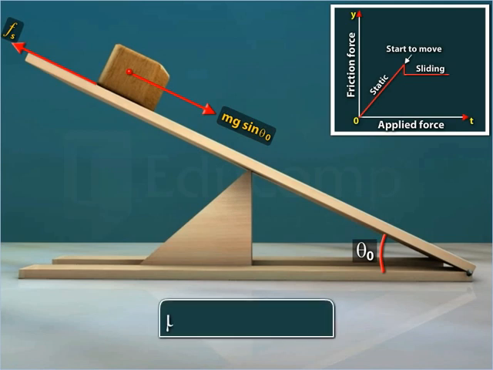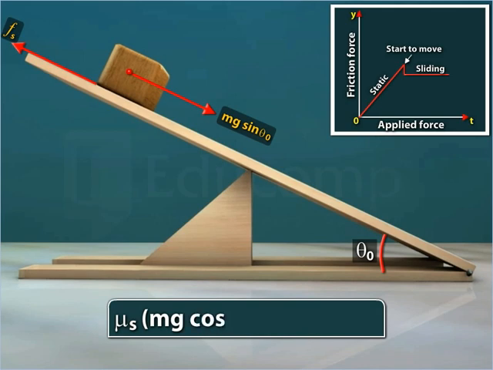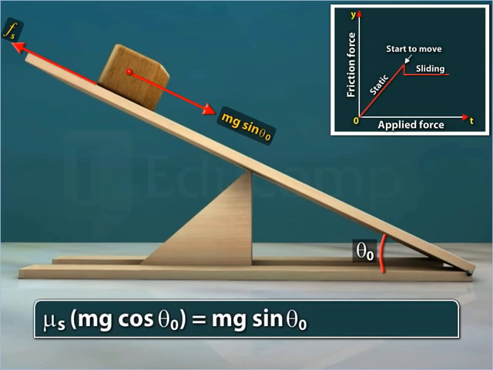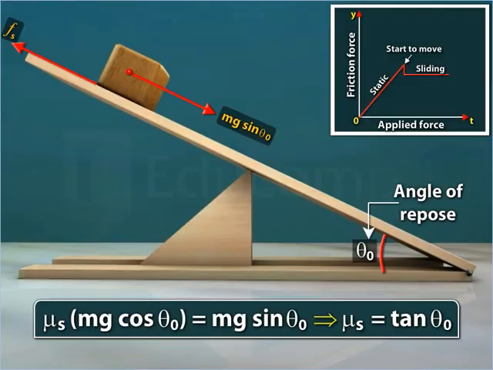Then mu s N equals mg sine theta 0, so mu s mg cos theta 0 equals mg sine theta 0, which makes mu s equal to tan theta 0. Theta 0 is called the angle of repose.